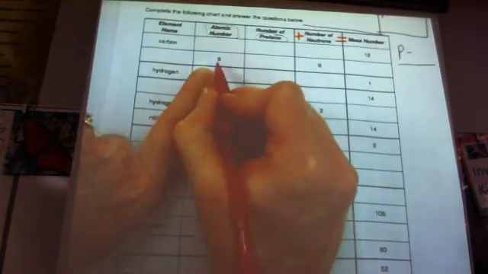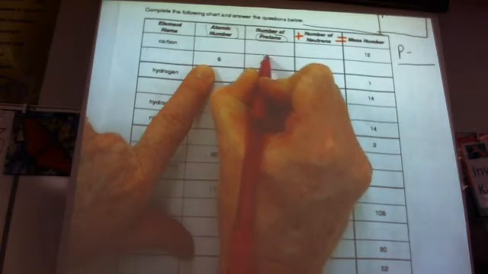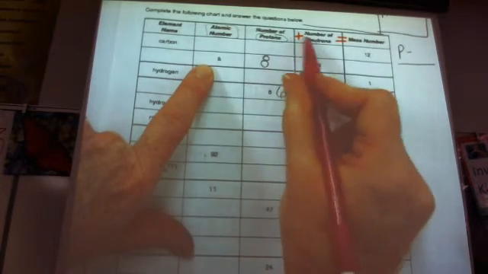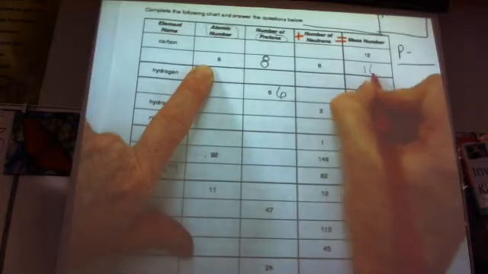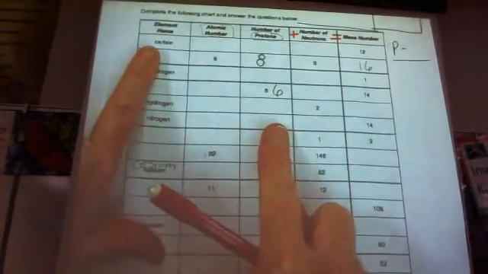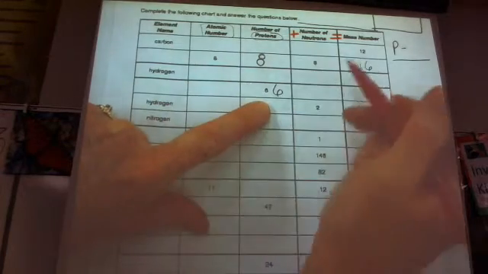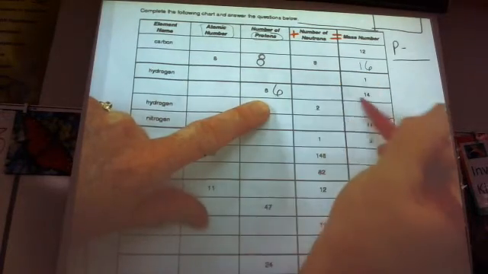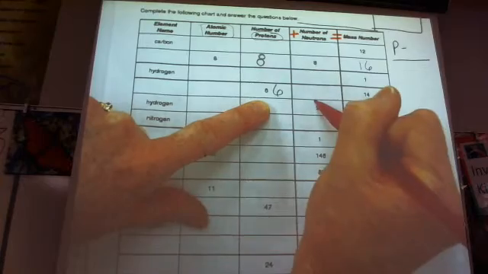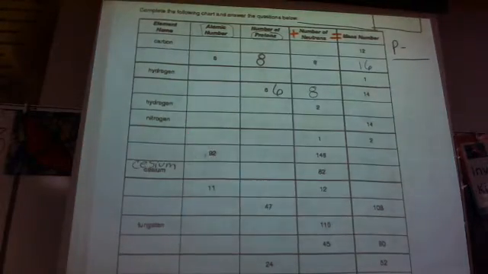So here I've got the atomic number is 8. That's easy. Protons 8 because they always match. And then I've got 8 plus 8 equals what? 16. Boom. So go with what you know. Fill out your protons. Fill out your atomic number. Work the math. Now if you're missing one, I've got 6 plus what equals 14? Boom. That's it. It's pretty easy.